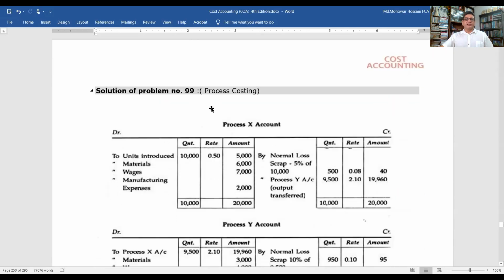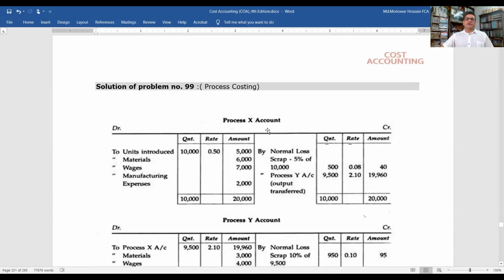If you see here the process X account, units introduced 10,000 and cost 5,000. If we divide taka 5,000 by the units introduced 10,000, then we will get 50 paisa per unit.